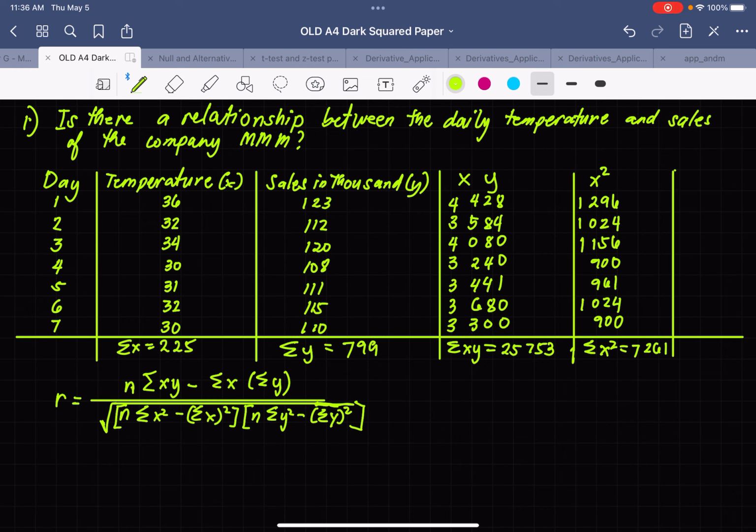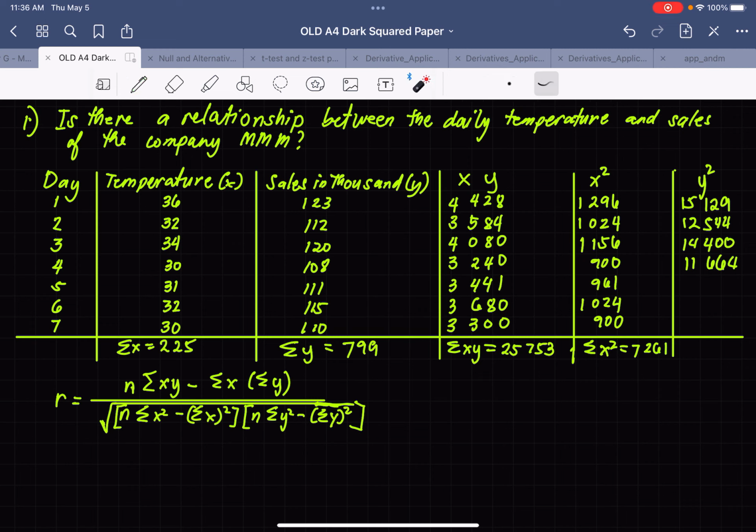And the last column, we also need the y squared. So these are the values for y. We need to square each of this data. 123 squared is 15,129. Next, 112 squared is 12,544. Next, 120 squared is 14,400. Next, 108 squared is 11,664.